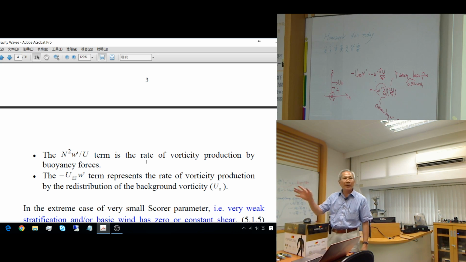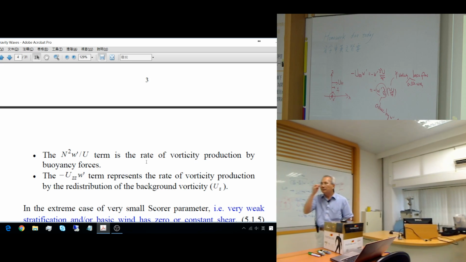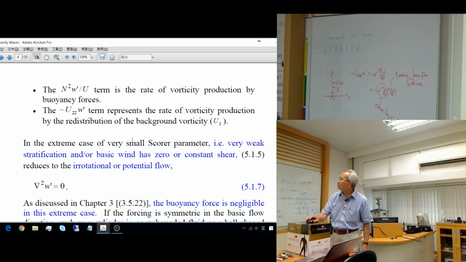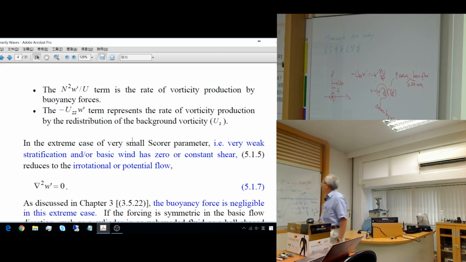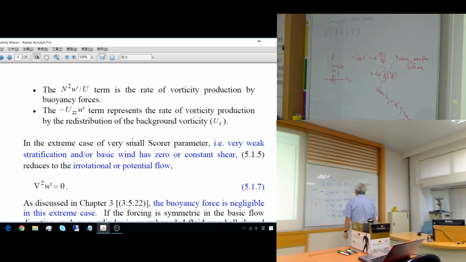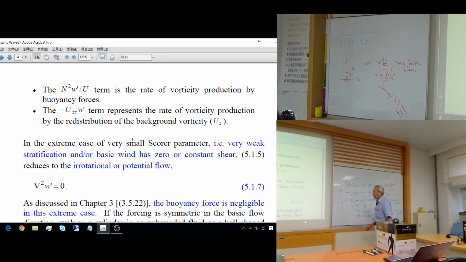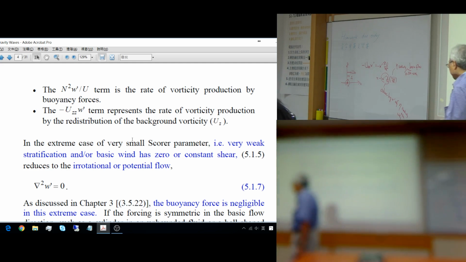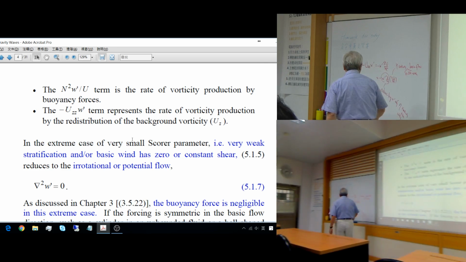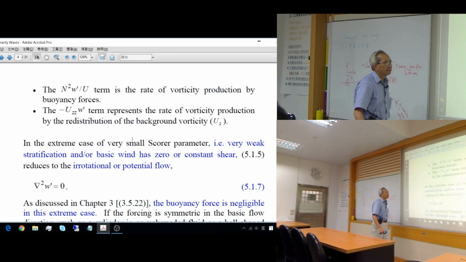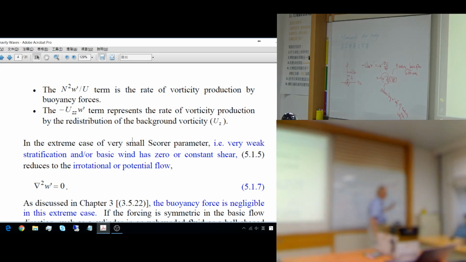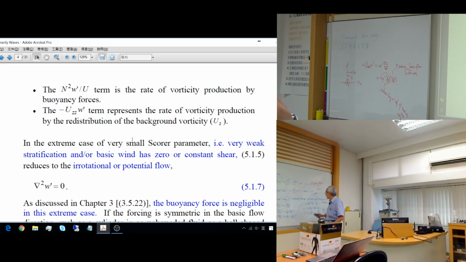So everybody okay? So this equation, like before, we can look at the extreme cases. So I guess I can erase this, right?